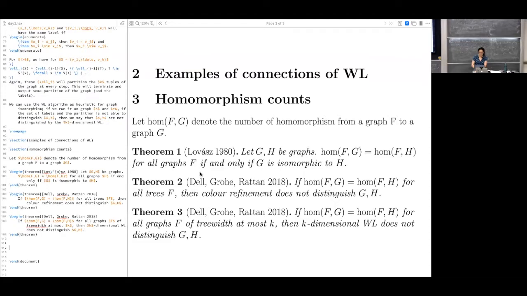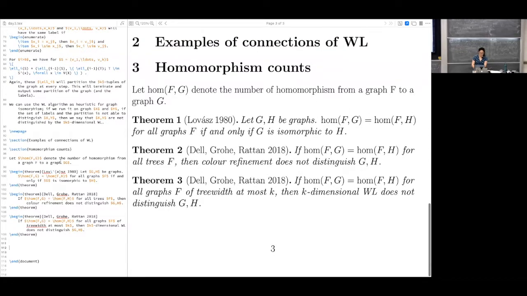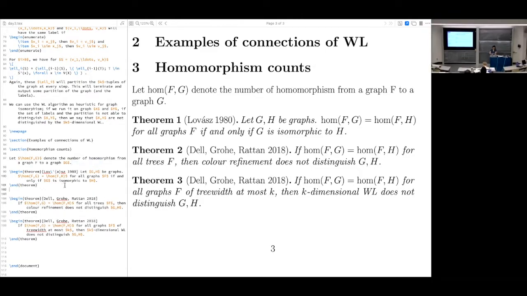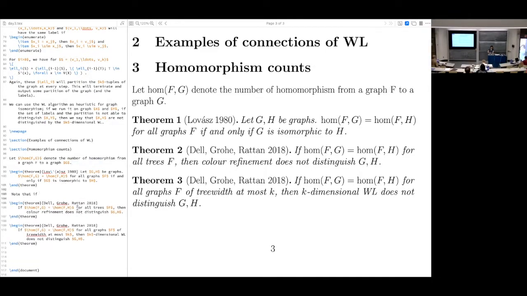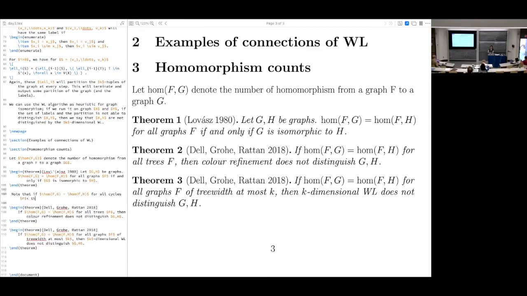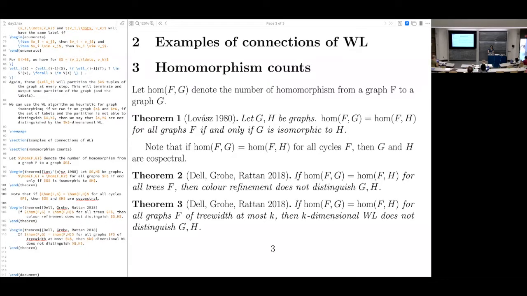Yeah, if the homomorphism counts are worth noting, maybe I can stick it here. Note that if the homomorphism counts agree for all cycles F, then G and H are cospectral with respect to the adjacency matrix.